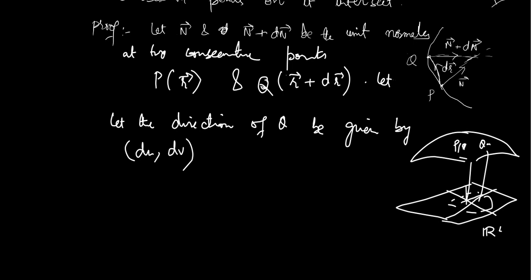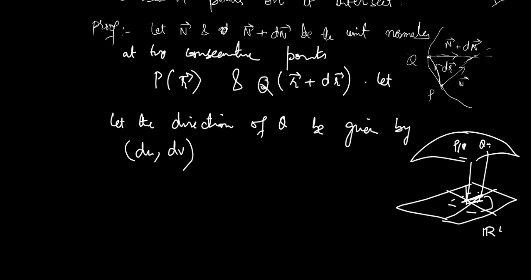When I say let the direction of Q be given by this pair du dv, I am saying let the corresponding change in parameters be here. Of course, when I go from point P to point Q, there must have been some change in my domain, so that I got from one point of the surface to another point. So that's what I mean when I say the direction du dv of Q.